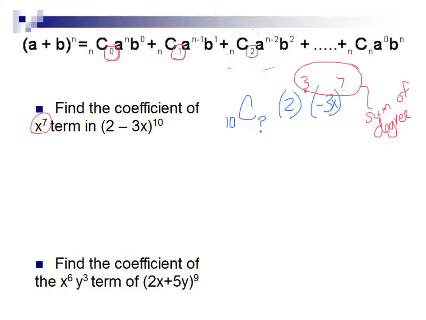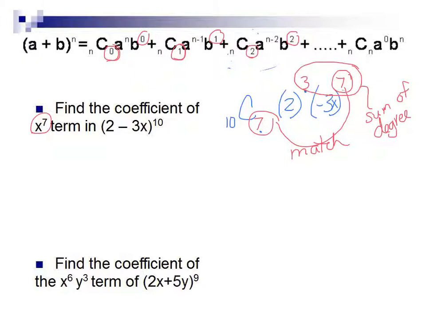Where else do you see the 2? Well, it's always that power on that last number that you have out there. So in this case, that's my 7. So these have to match. Okay, so instead of having a question mark, I now have a 7 there.